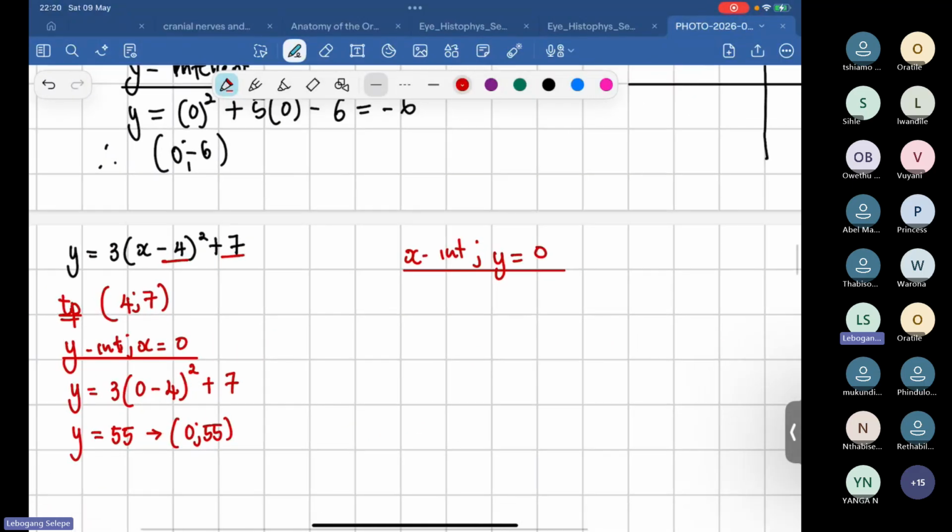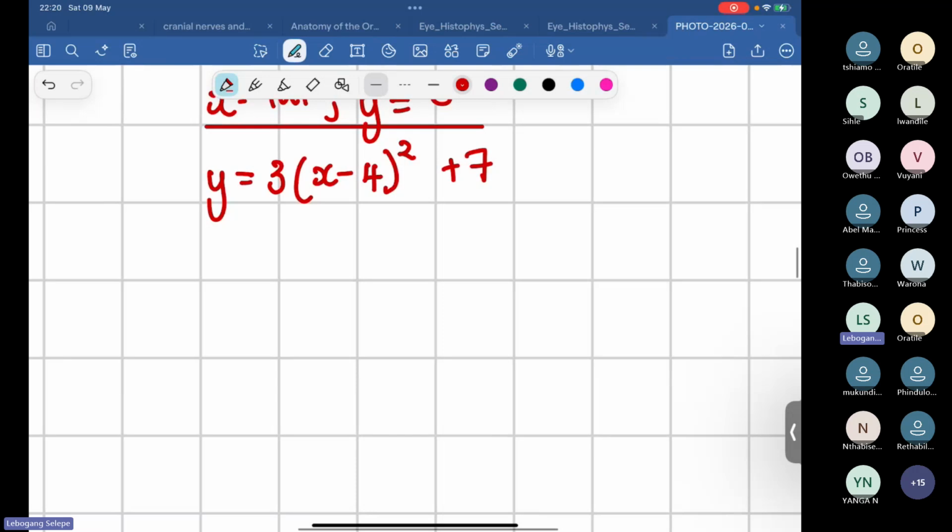Now back to the x-intercept. Given the equation y is equal to 3 into x minus 4 squared plus 7, substitute y as 0, which is going to be 0 equals 3 into x minus 4 squared plus 7. And now how do I solve for x? We can take the 7 to the other side. Someone says I must slow down. Sorry.